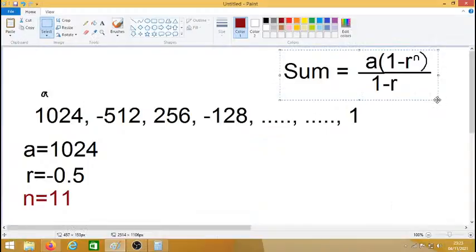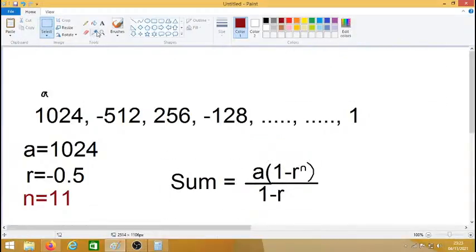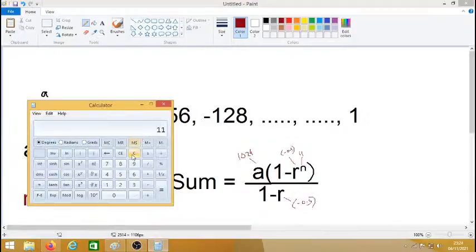So let's bring the formula down. You've got A as 1024. Your n is 11. Your R is minus 0.5, so just be careful about that. And your R at the bottom is also minus 0.5. So you should be able to type that all straight into a calculator. A scientific calculator would be able to handle that all in one go.